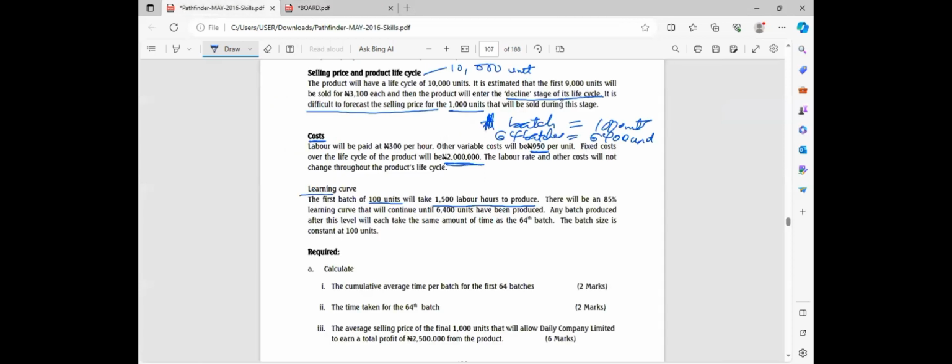Learning curve. The first batch of 100 units will take what? 1,500 labor hours to produce. If you say a batch, one batch is 100 units as we define here. So it takes 1,500 labor hours to produce. So it is defining what? A, which is the time taken to produce the first unit. Do you get it?